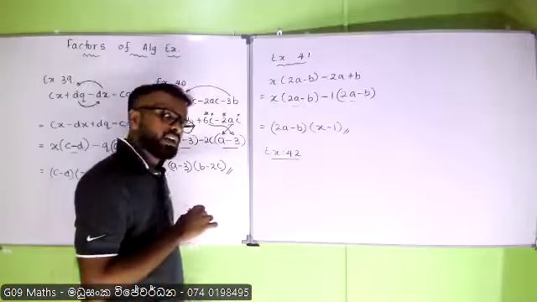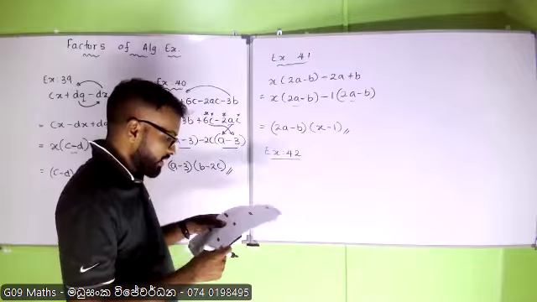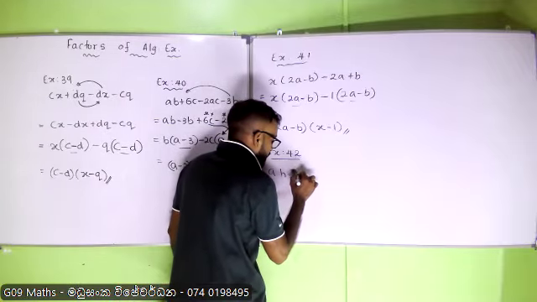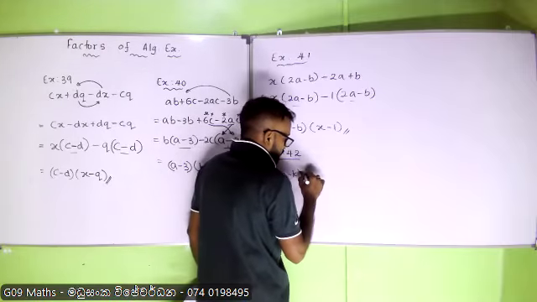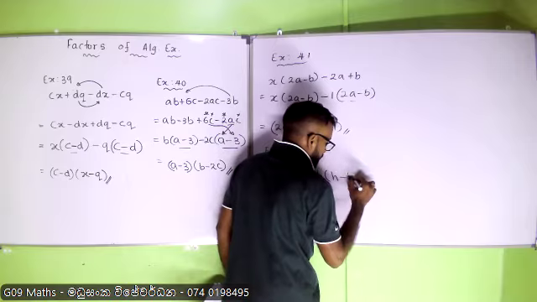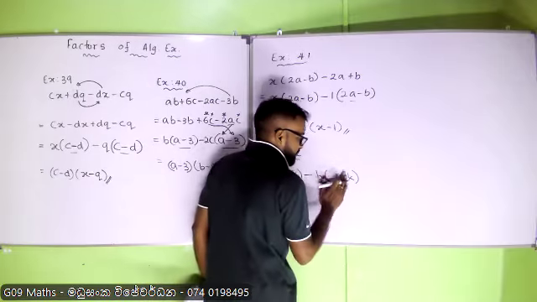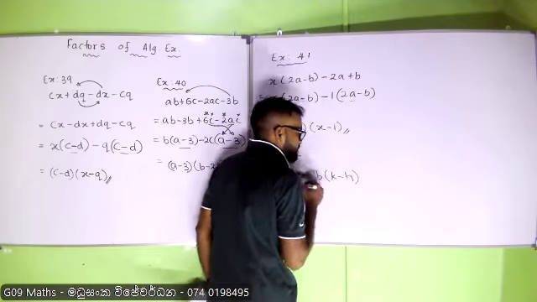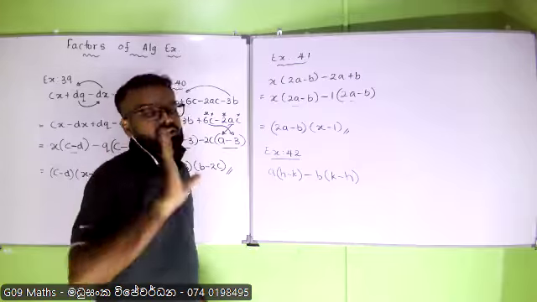And we did something last week, right? We did the same thing last week as well. So here you have a, h minus k, then minus b, k minus h. I have done the same thing in the week before the last week.